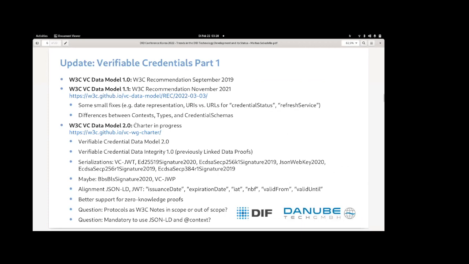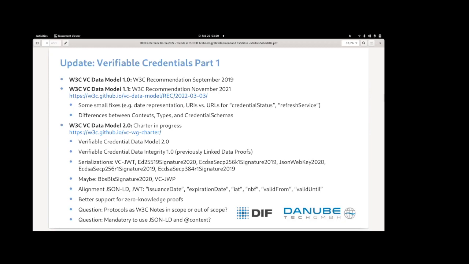At the moment, there's a process to set up a new working group for verifiable credentials data model 2.0. And there is now a charter that is being written. So the charter defines what the working group will actually work on, right?